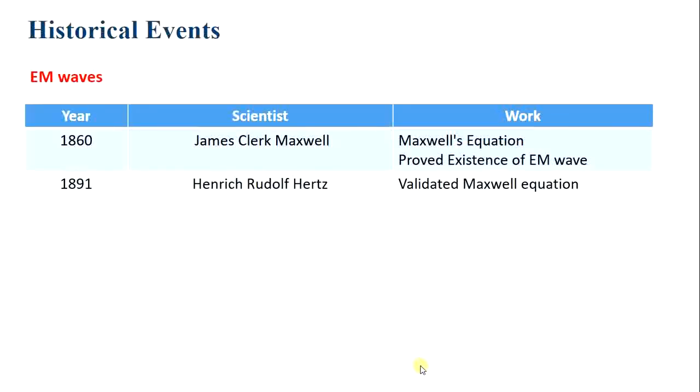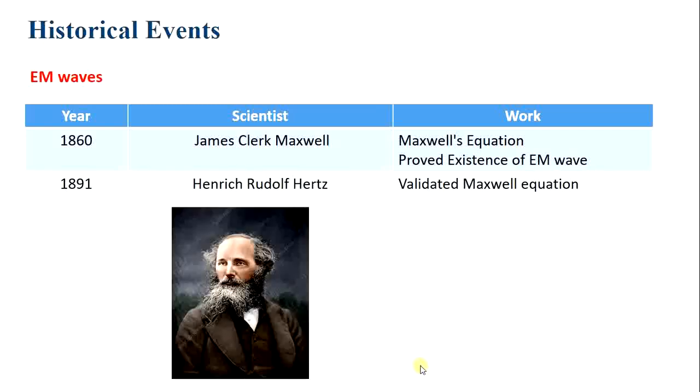Now moving towards the historical events that have happened in the history of microwaves, we will first see the history related to the electromagnetic waves. In 1860s, James Clerk Maxwell, you can see the image of Maxwell, he introduced the Maxwell equations and he proved the existence of electromagnetic waves.